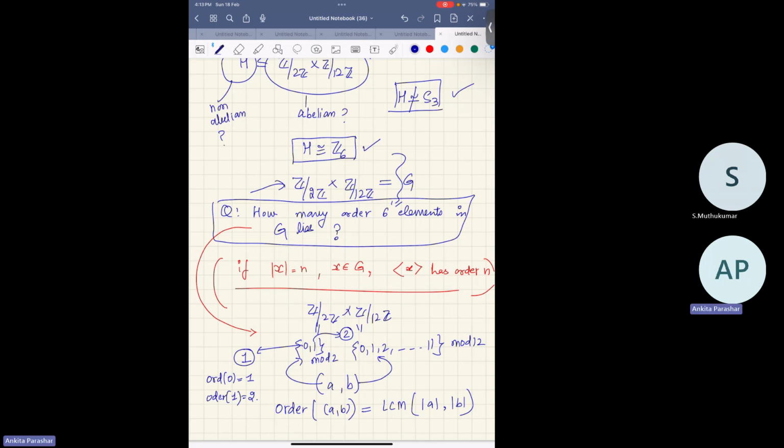So if I choose 0 as the first element, what do I have to choose in order for the order of the element to be 6? It should be 2. Any other element? I think 4. 4 will have a smaller order, right? Order 3. 3 again has an order that is not 6. If you see 3, 6, 9, 12, and 12 is 0, it has order 4. If you look at 4, 4, 8, 0, it has order 3.